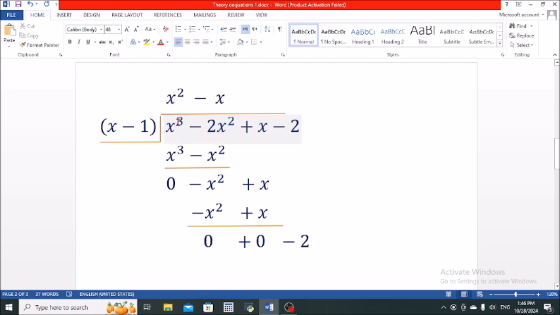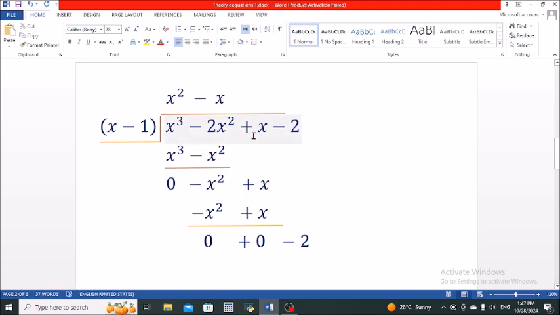Let's divide it step by step. x cubed divided by x, we obtain x squared. x squared multiplied by x minus 1 is x cubed minus x squared. Subtracting, x cubed minus x cubed is 0, and minus 2x squared minus minus x squared gives minus x squared.